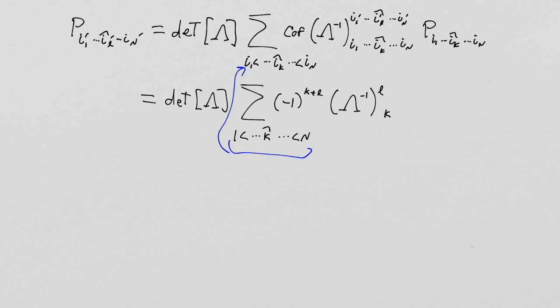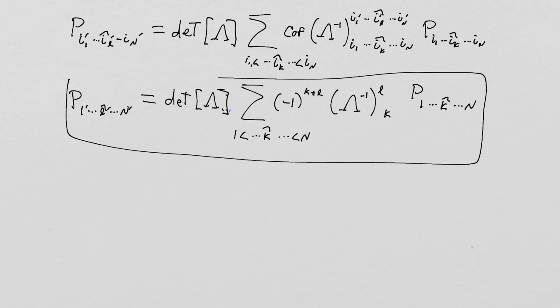And then this final value here is P1 ... K omitted ... N, like that. So let me just erase this little blue thing here. So this now is our, I guess I should make that 1 ... L omitted ... N primes. All these are primes. And this now is our expression for this whole thing.